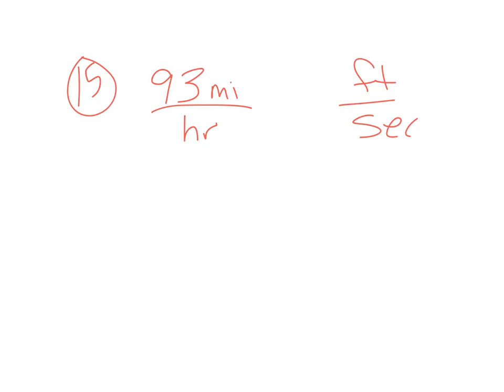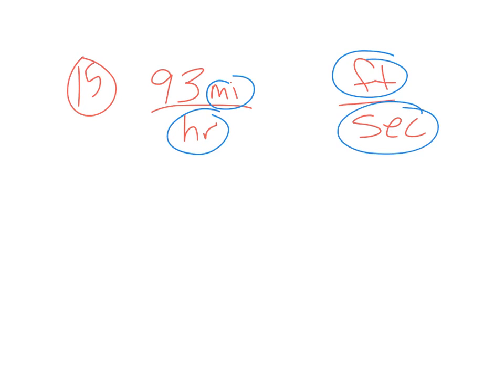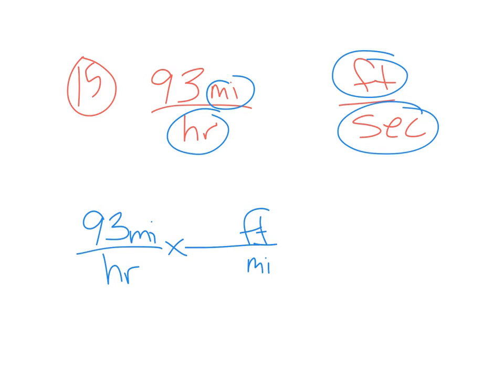Number 15 says a baseball pitch is clocked at 93 miles per hour. Convert it to feet per second. Since we are converting both miles and hours to feet per second, we're doing a double conversion. So you're doing 93 miles over 1 hour times, let's do miles first. Put miles on the bottom because we want it to cross out, feet on top.